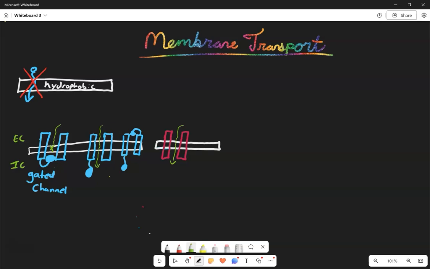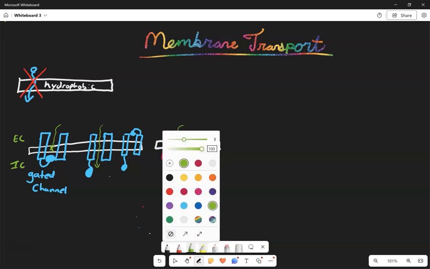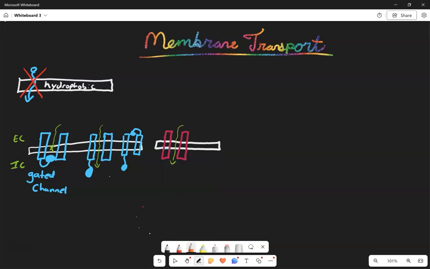But one of the things we have to remember is that channels themselves are selectively permeable. The channel responsible for moving sodium can't move chloride, can't move potassium. There is a high level of specificity associated with these channels.